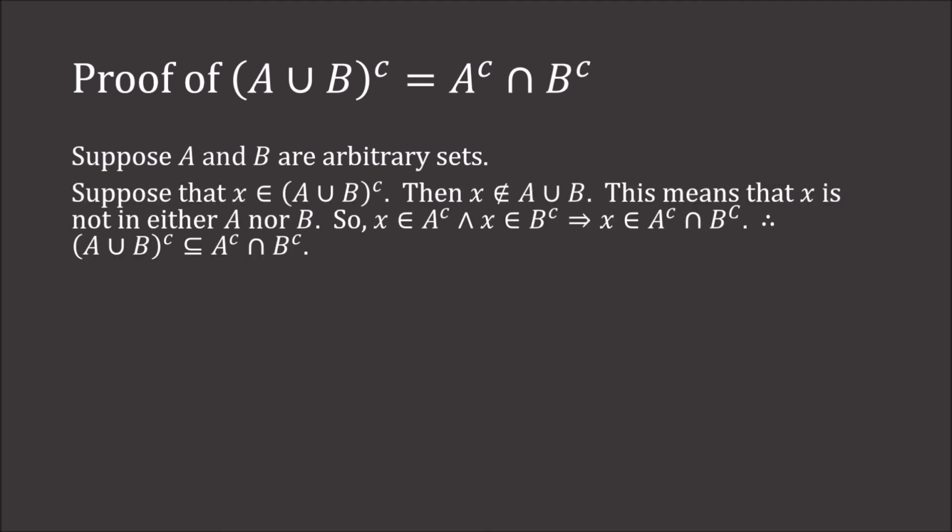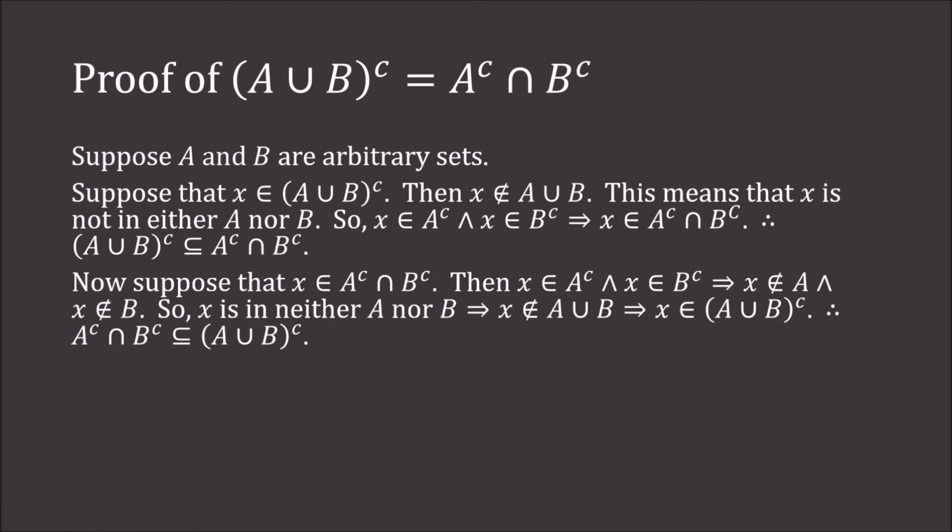Now suppose first that X is an element of the complement of A union B. Then this means that X cannot be in A union B, which means X is in neither A nor B. So X would be in A complement and X would be in B complement. So X would be in A complement intersected with B complement, and hence this set is a subset of this set.